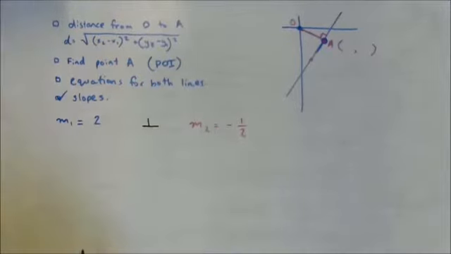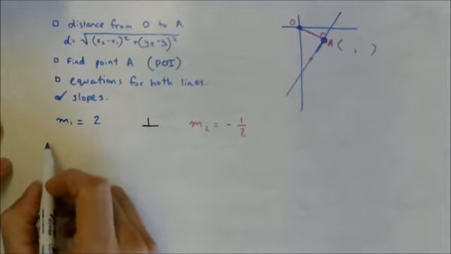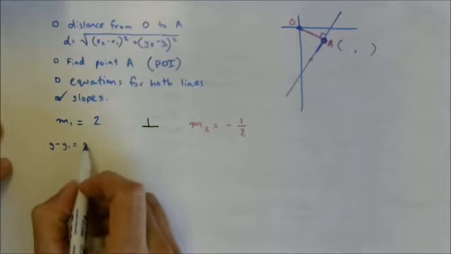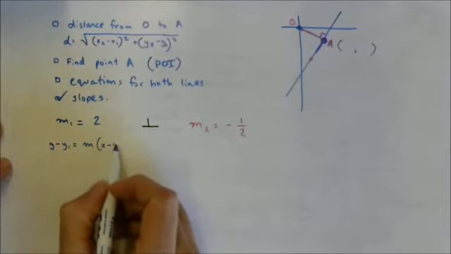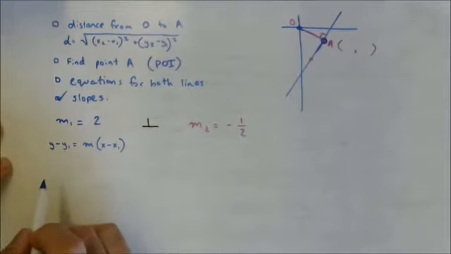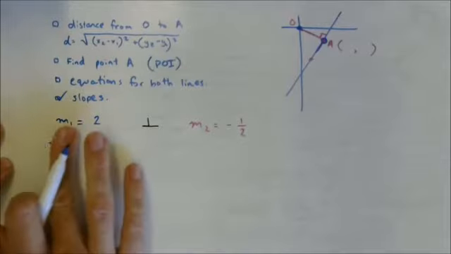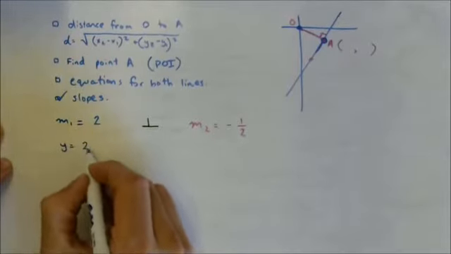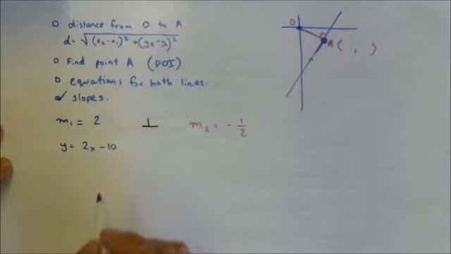Now, how do we get the equation of a line? Well, we have point slope formula. So over here, on our blue line, y minus y1 equals m times x minus x1. Do we have a point that it goes through? Actually, we already have the equation of the line, so there's really no use in doing what I just did. They already tell us it's y equals 2x minus 10.